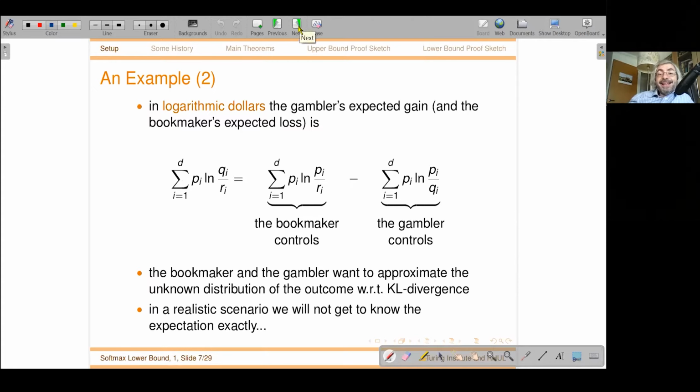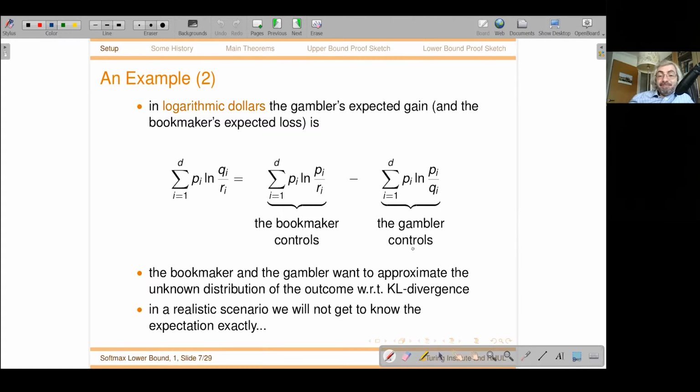And then you can see that in logarithmic dollars, the gambler's expected gain, or the bookmaker's loss, can be expressed as follows. It's the difference of two KL divergences. The first one is controlled by the bookmaker. The second one is controlled by the gambler.